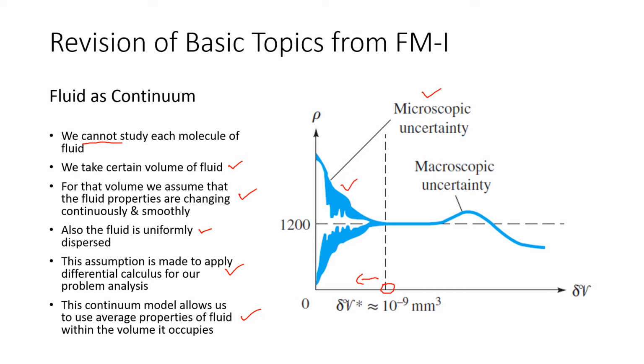Beyond a certain volume, we go into the macroscopic region, and in that region the properties are changing, but not that abruptly. So we take the average of such properties, and then use these assumptions to develop our basic mathematical equations for any flow situation, and then apply those equations to solve a certain problem. So this was our first assumption that we made in our fluid mechanics 1 course, that we will treat our fluid as a continuum.